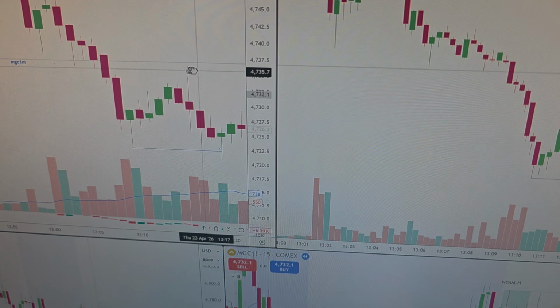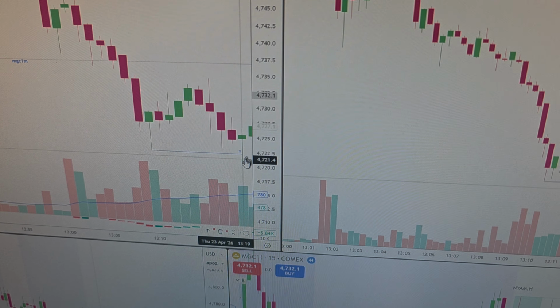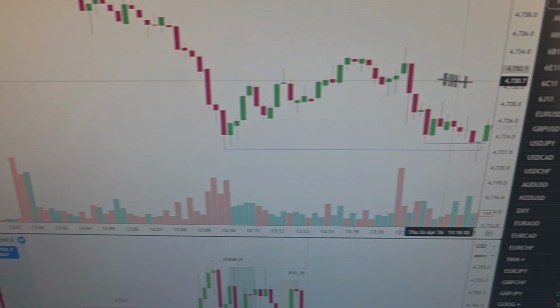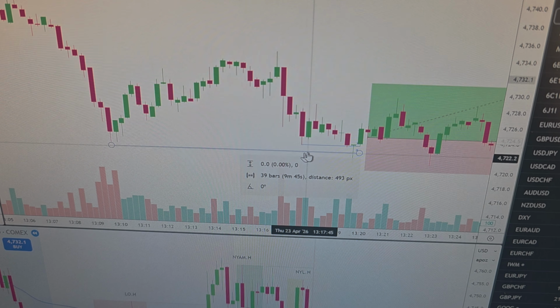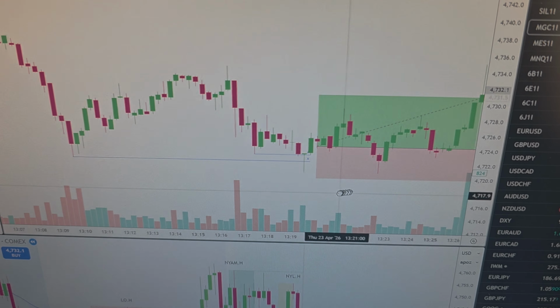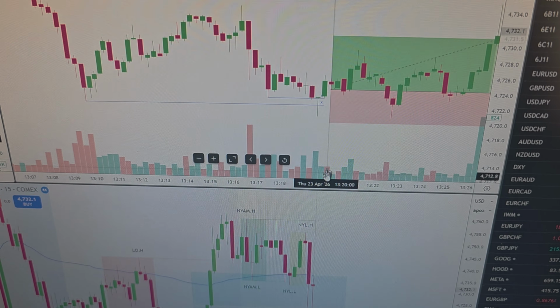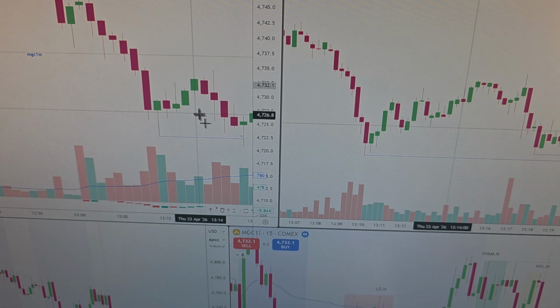which on the 1 minute was over here, looking like that at the time. And then the sweep looks good, sweeping is good, and this closure is good. What about volume? A little bit of volume coming in. What about volume here?